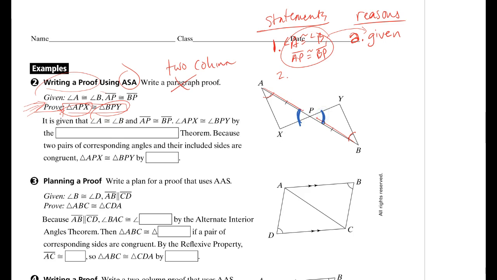Can you name those angles? Of course you can. Let's name the first one right here, APX. So APX. And you and I both know that that's congruent to another angle. What's the other angle? Yep, we got to name it in the right order. We got to call it BPY.